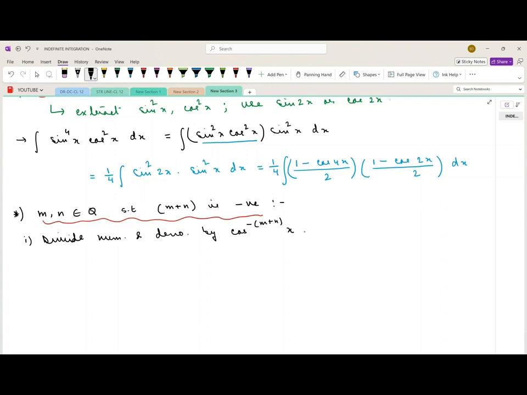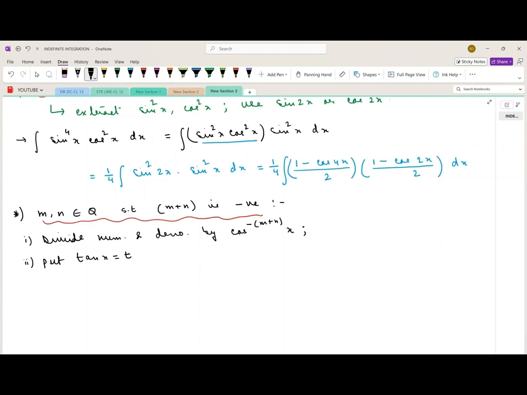This is the first step. Then the second step, put tan x equal to t. So these are the two main things that we are going to do. Now let us take an example, then it will become clearer.